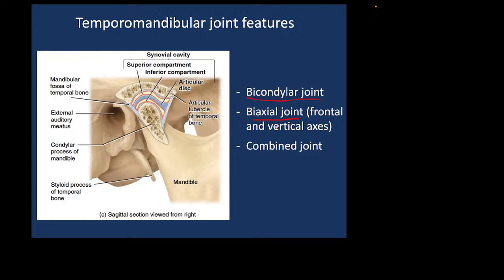It means that this joint has two axes, but the shape of the surfaces is bicondylar.